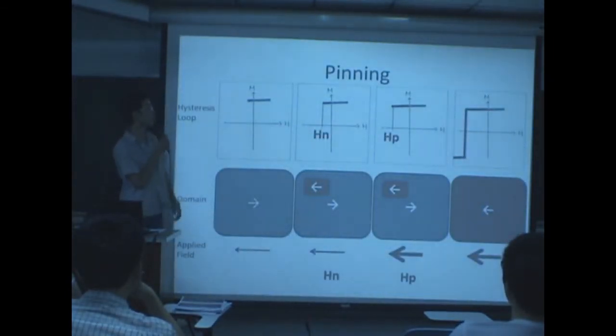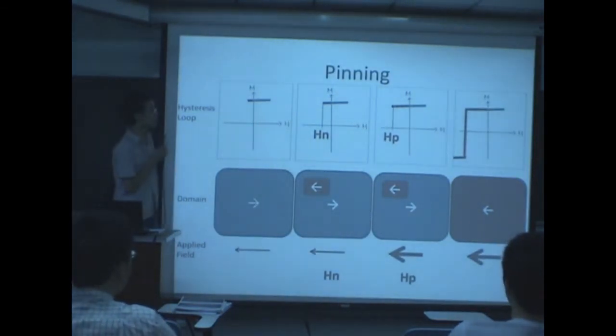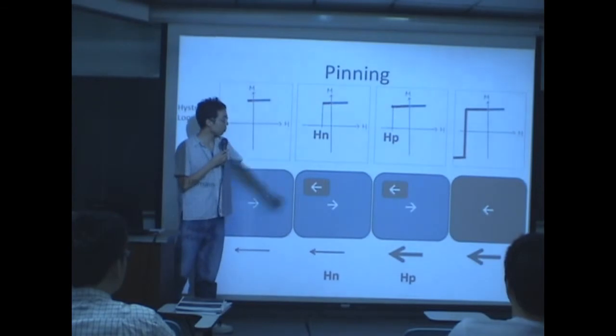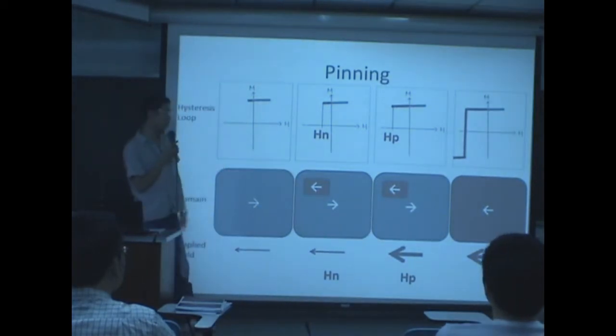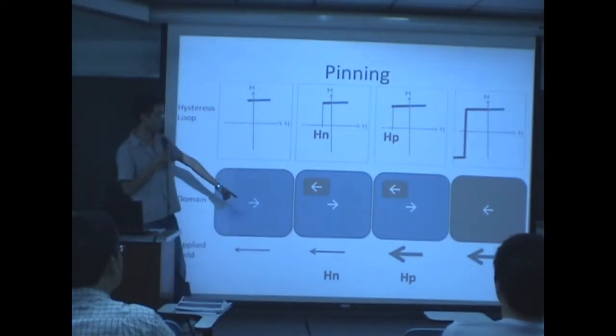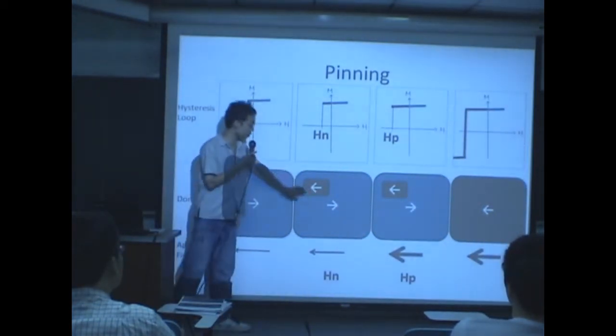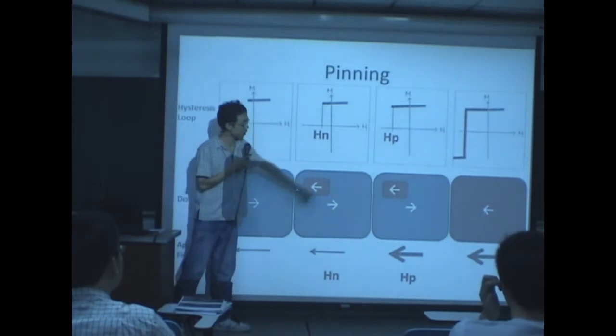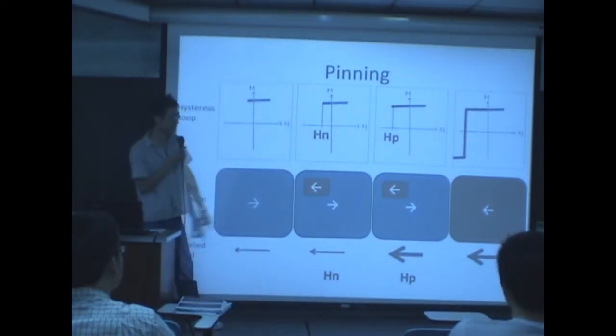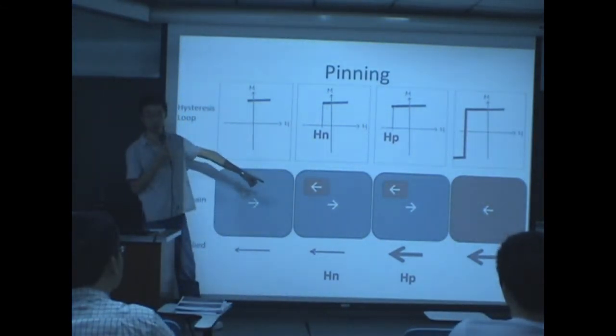The second mechanism is the pinning mechanism. Just like the nucleation mechanism, there is also a nucleation field, but when your applied field reaches the nucleation field, the opposite domain won't propagate immediately. You have to further increase your applied field to the propagation field.